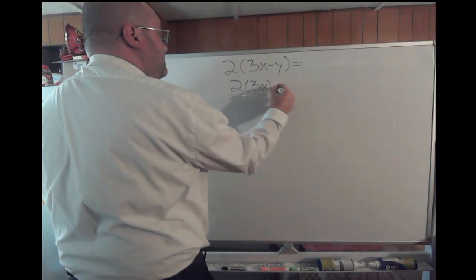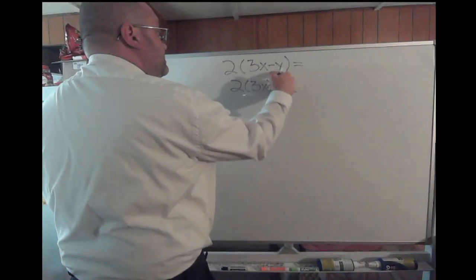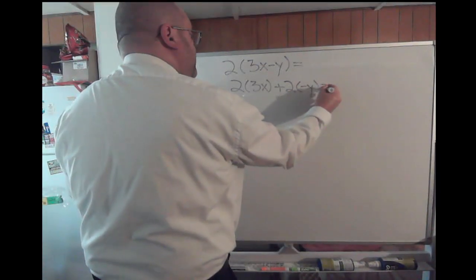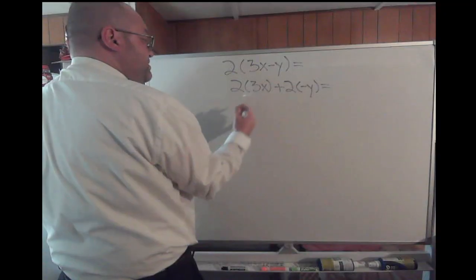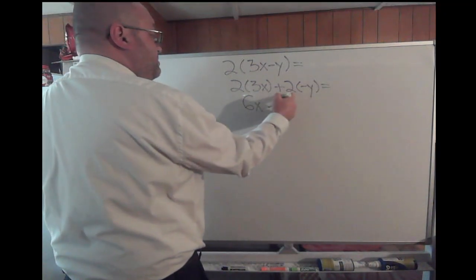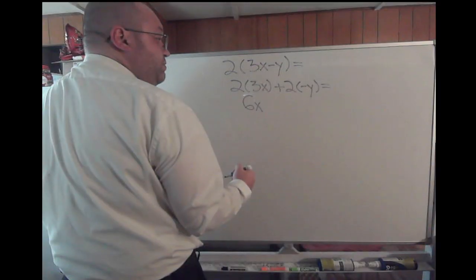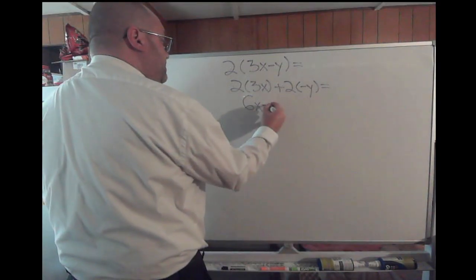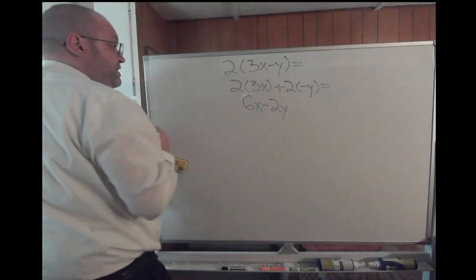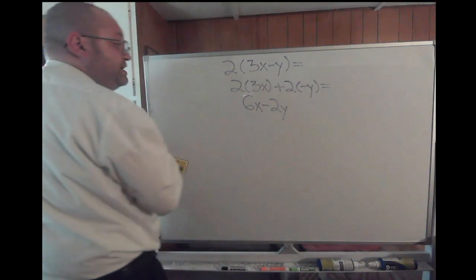So you'll have plus 2 times the negative y, which when we go to simplify this further, 2 times 3x is 6x, plus we have positive 2 times negative y, that'd be negative 2y, or simply 6x minus 2y. So the answer to this would be 6x minus 2y.